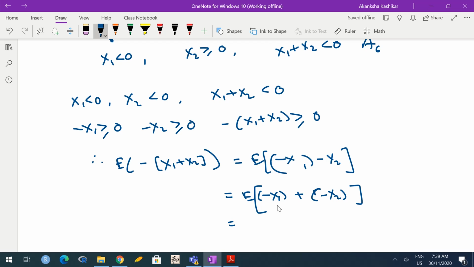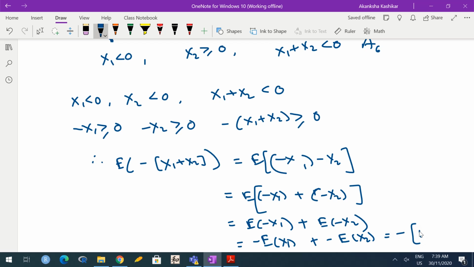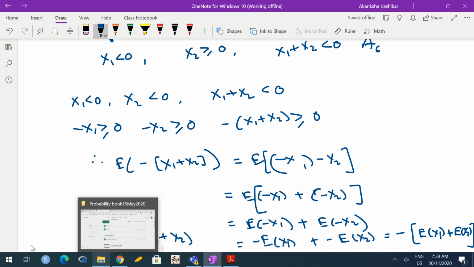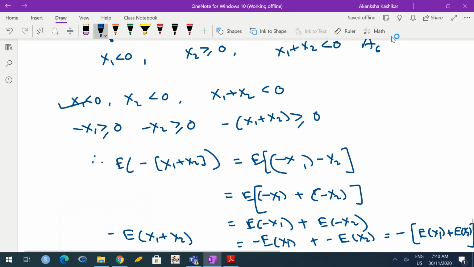And we know minus x1 is positive, minus x2 is positive, so it can be written as expected minus x1 plus expected minus x2. And we have proved that this is nothing but minus expected x1 plus minus expected x2, which is minus of expected x1 plus expected x2. And the left-hand side is minus of expected x1 plus x2. So cancelling the minus sign from both sides, we get that even when everything is negative, the result is true.